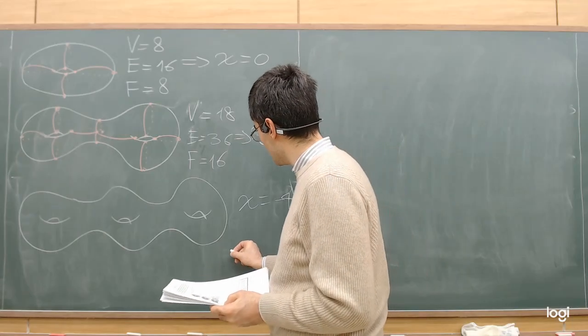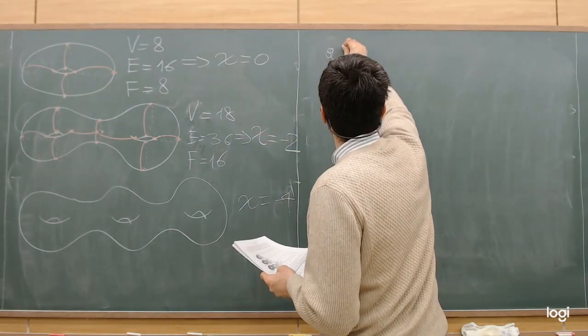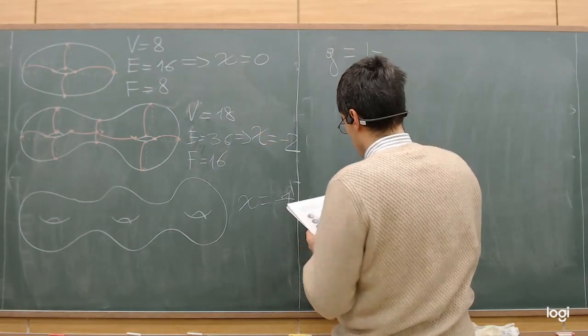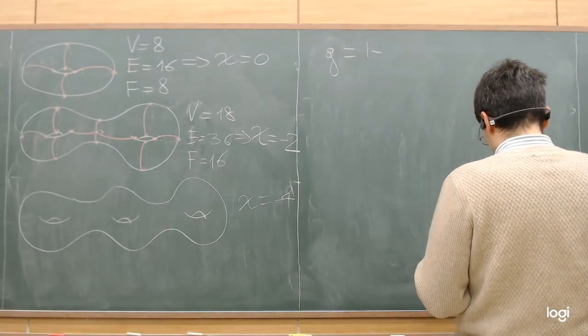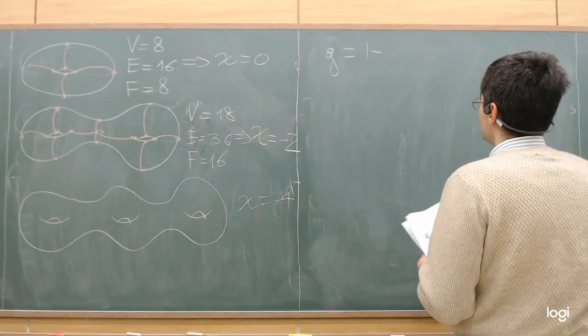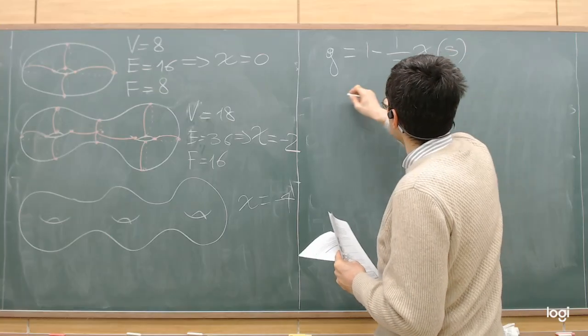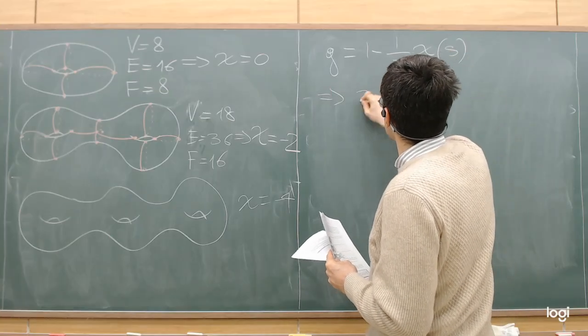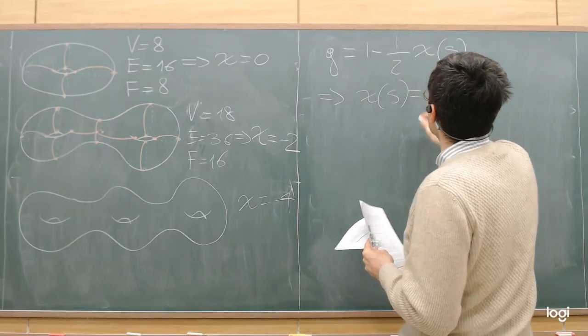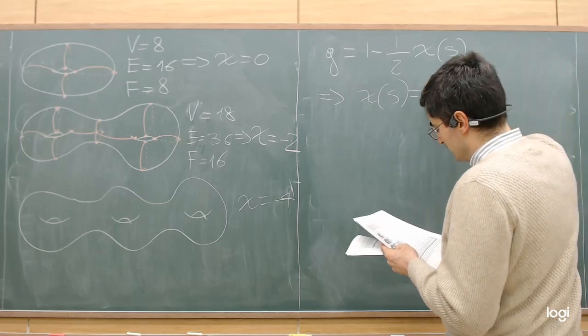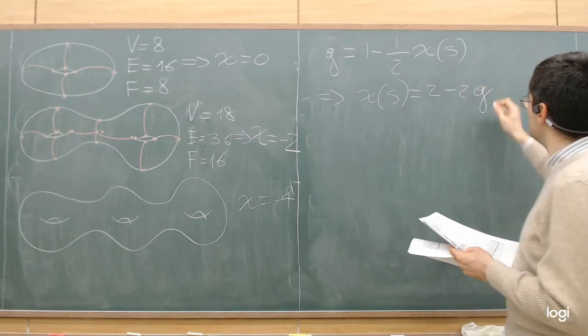So we said that the genus is 1 minus one half chi of S. So this implies that chi of S is 2 minus 2g.